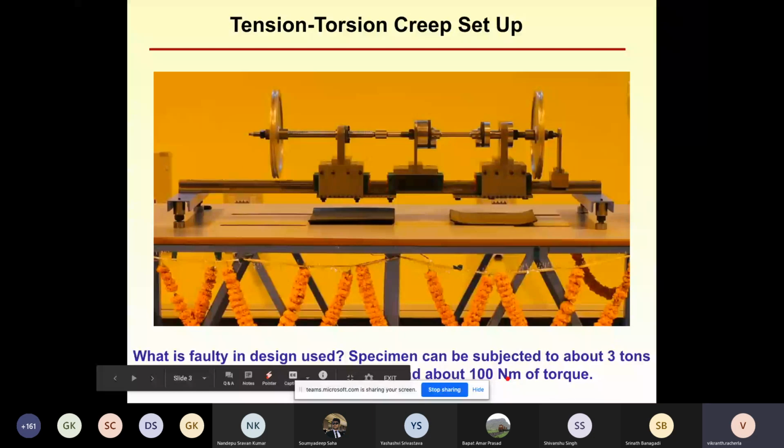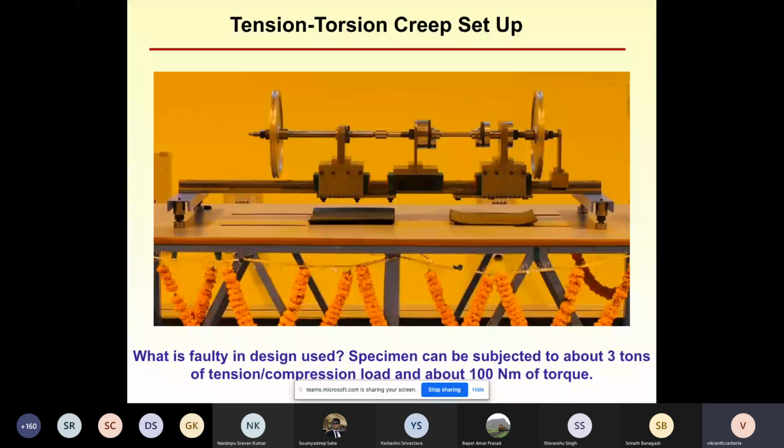Even under this combined loading, we designed such that none of the parts would experience plastic yielding. The stress was well below the yield strength of the material. But when we used this setup for the first time, we saw a major flaw. We missed something completely during the design process, and we had to modify the setup to make it work later on.